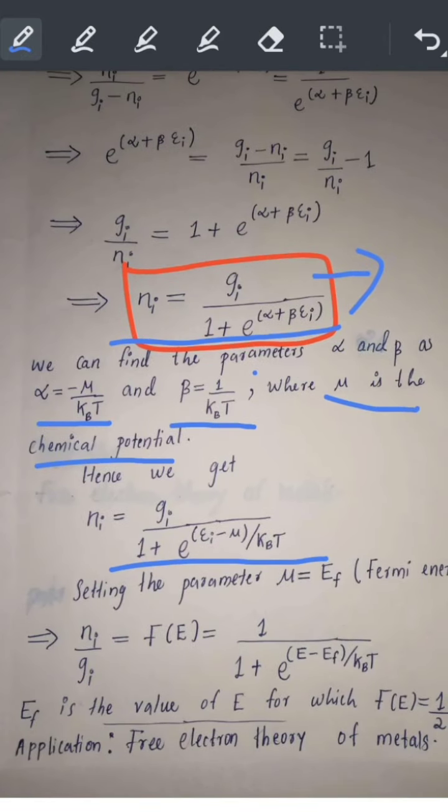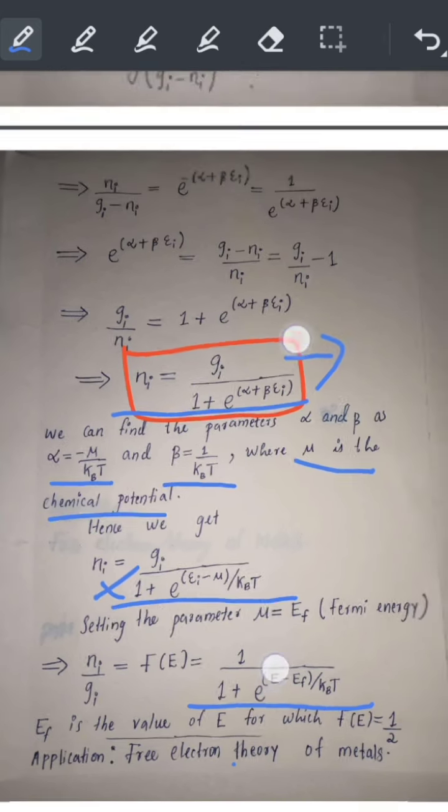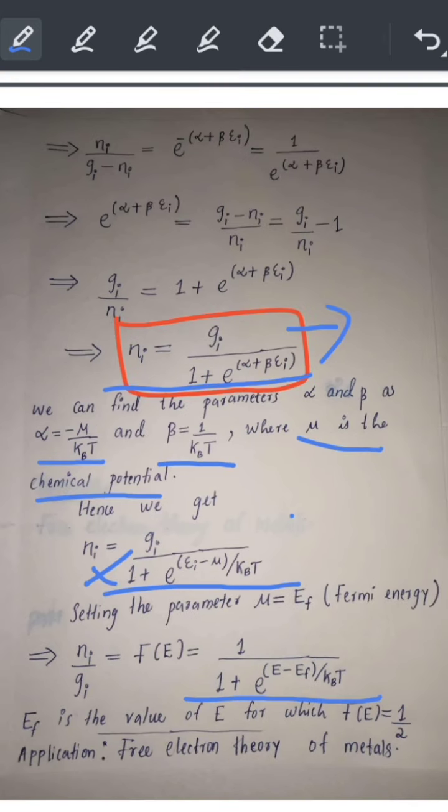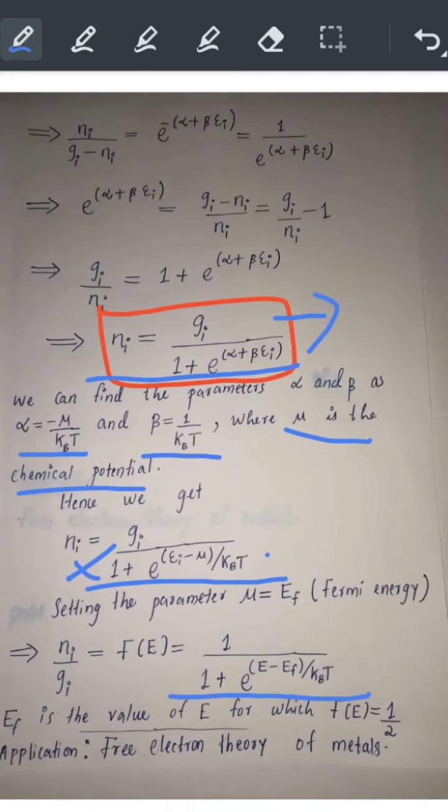I just take this gi to the denominator, and you get ni over gi is equal to 1 over 1 plus e to the power E minus Ef over kBT. I said mu is equal to Ef, and I write this as a function of E, f of E. And this Ef is the value of energy for which the value of f of E is equal to 1 by 2.